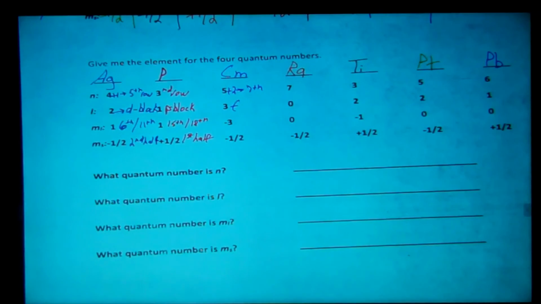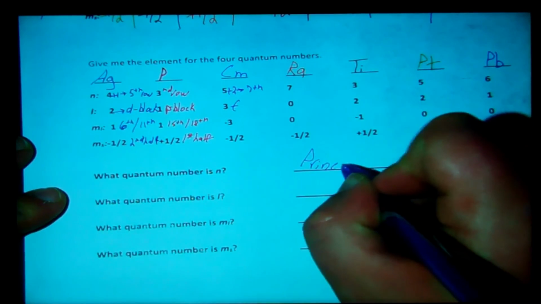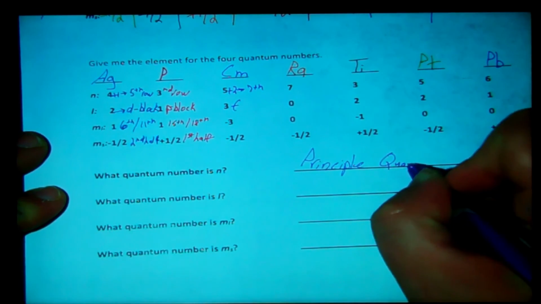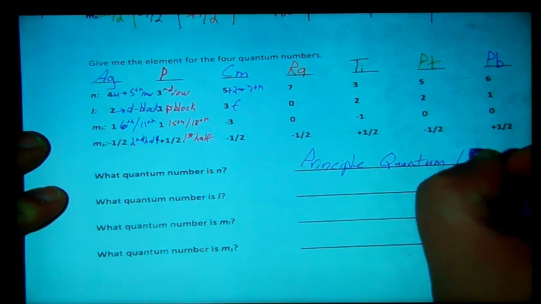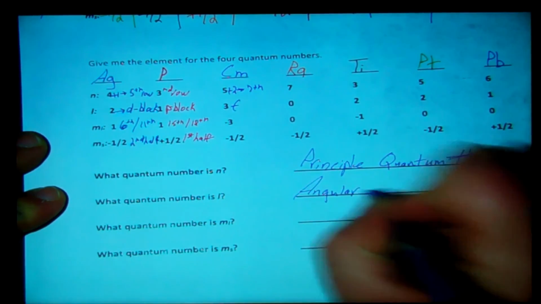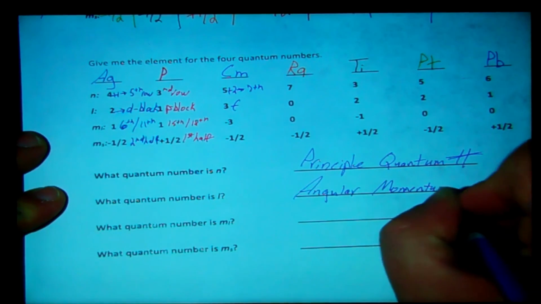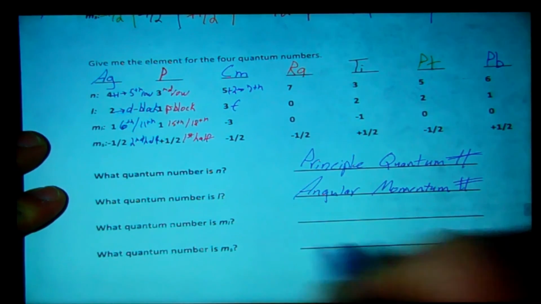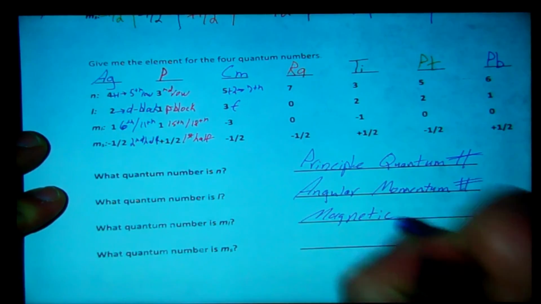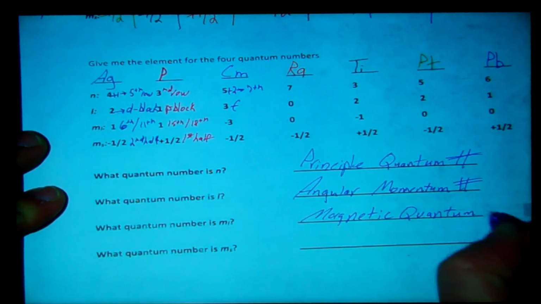Like, what are these quantum numbers? So, N is the principal quantum number. L is the angular momentum number. I'm trying to rush. M sub L is the magnetic quantum number.